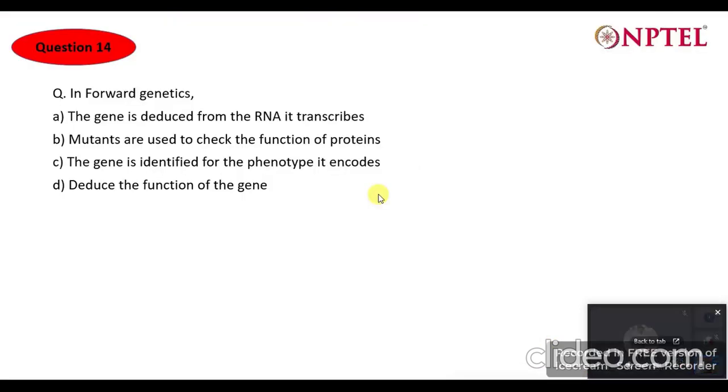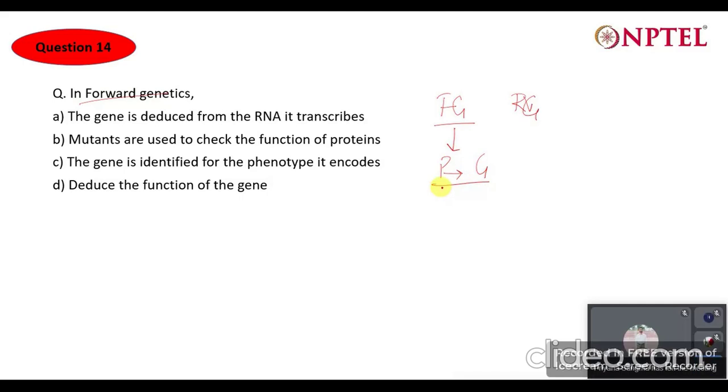Yeah, is it visible? Yes, sir. So, in forward genetics, there are two terms when we study genetics. One is forward genetics and the other is reverse genetics. In forward genetics, we generally go from the phenotype to the gene of the organism.